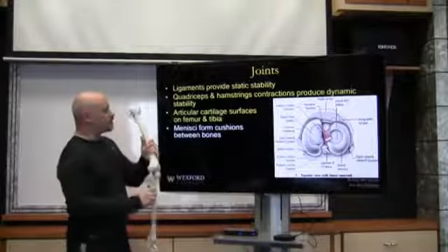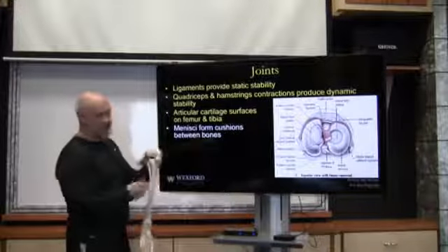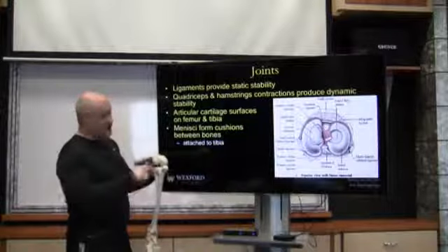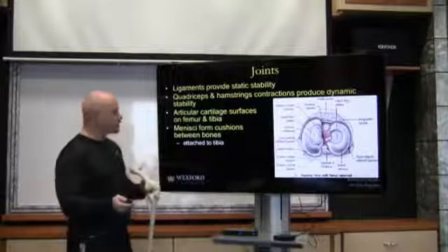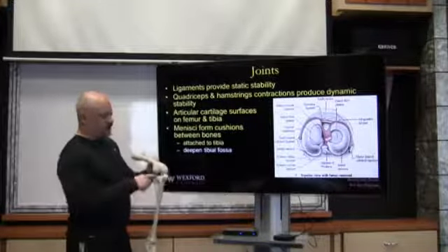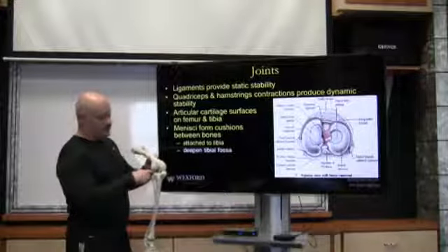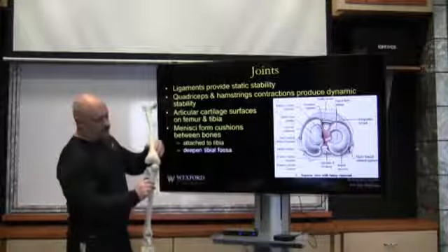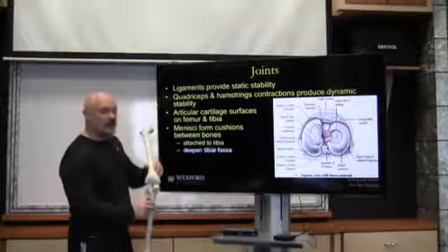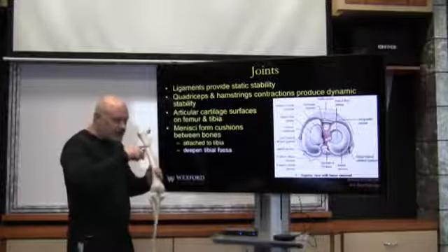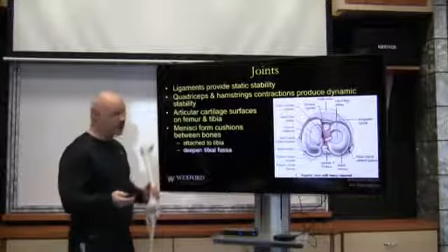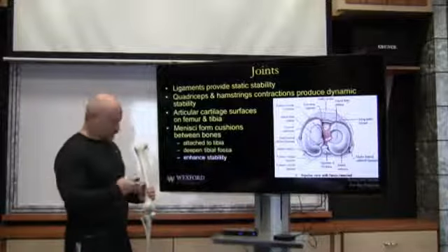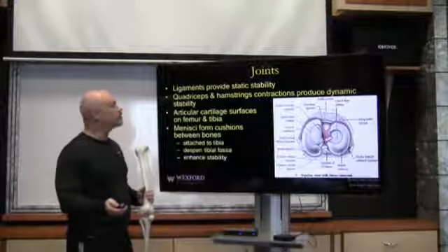The meniscus forms cushions between the bones, and the menisci are attached to the tibia. It deepens the tibial fossa, which means the femoral condyles sit in there a little bit better because it's a little deeper, so it provides more stability. Once again, it enhances the stability.